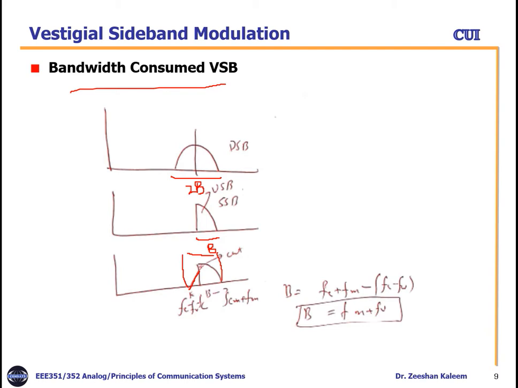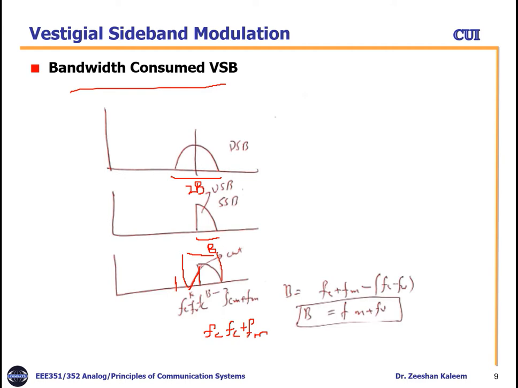So how to calculate it? Let's see. This is your center point, which is usually FC, and this is your message bandwidth. This portion is FC plus FM, and that portion we named FV, because it is not a complete band up to FC minus FM.